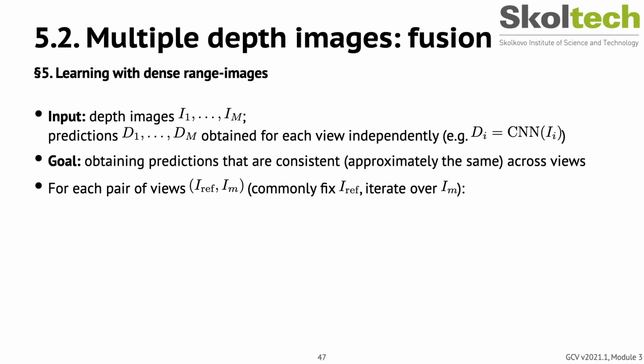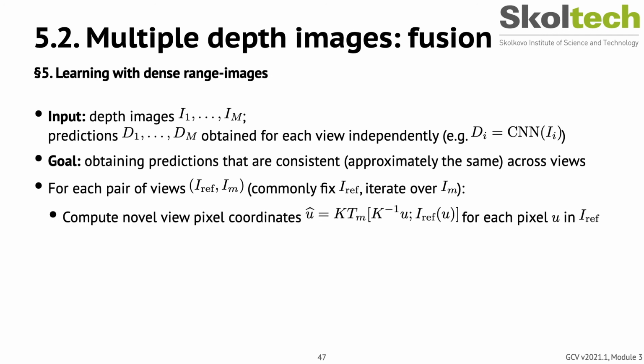For each pair of views I sub ref and I sub M, that is the reference and the novel view, we commonly fix the reference view and we iterate over novel views. We compute the novel view pixel coordinates for each pixel in the reference view. That we do by reprojection, unprojecting from the reference view through the 3D space to the novel view.